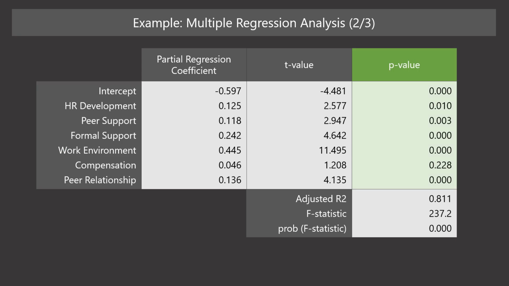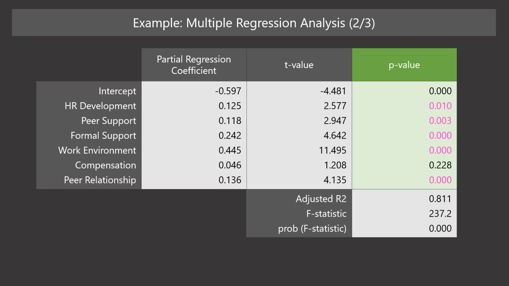First, we need to check the p-values. We need to check whether the p-value for each independent variable is lower than the significance level. If we set the significance level to 5%, the p-value should be lower than 0.05 to be statistically significant.